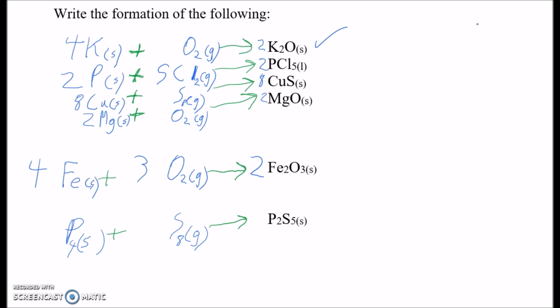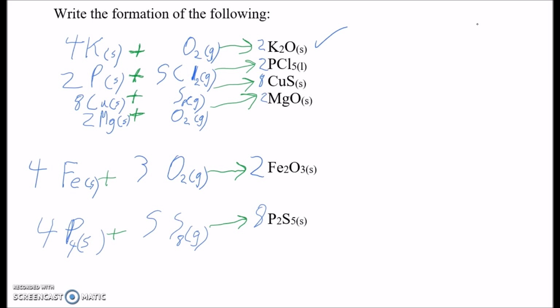So if that's true, now it's going to get a little bit more complicated in terms of our coefficients. Let's make the sulfurs balance first, because it looks just slightly more complicated. So 5 times 8 here, 8 times 5 here, and now we've got 16 phosphorus, so we need 4 times 4 is 16 on this side. Golden.